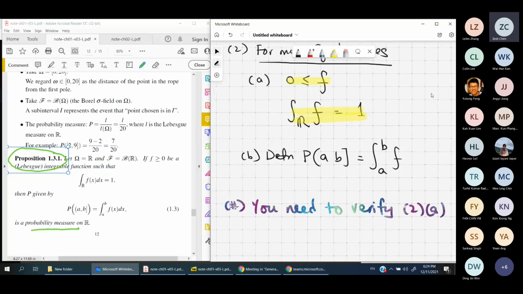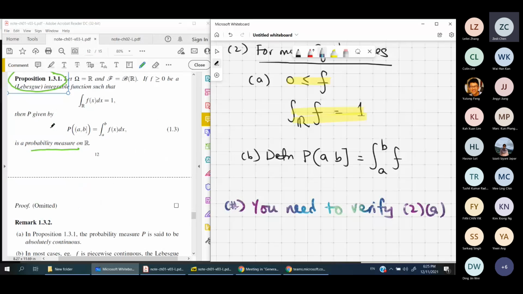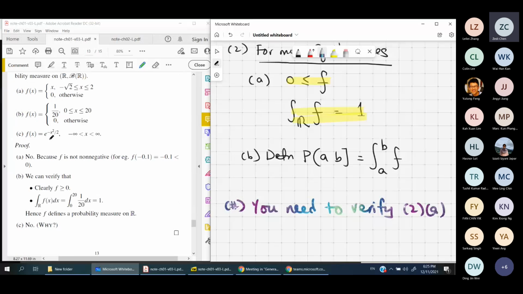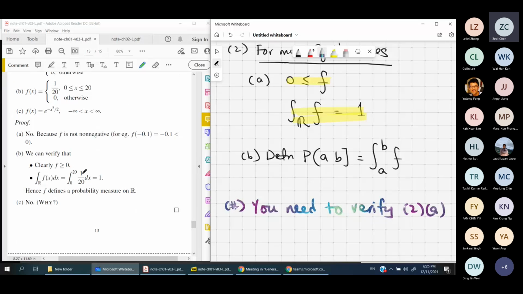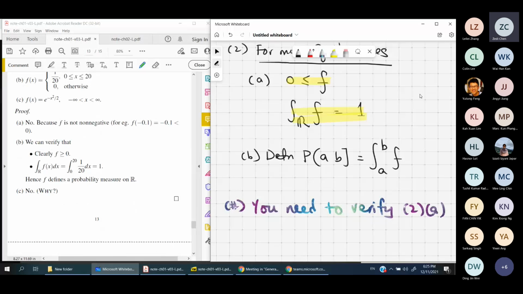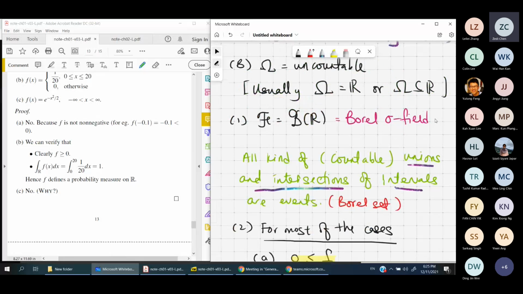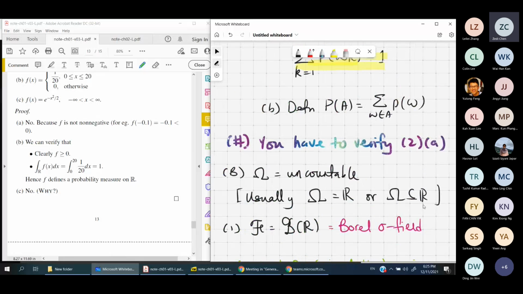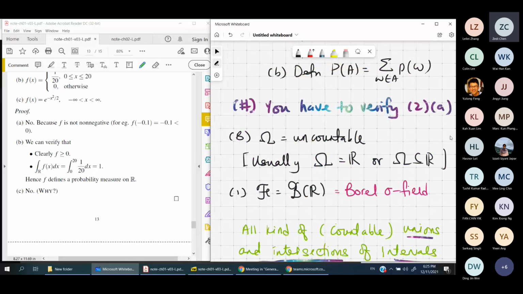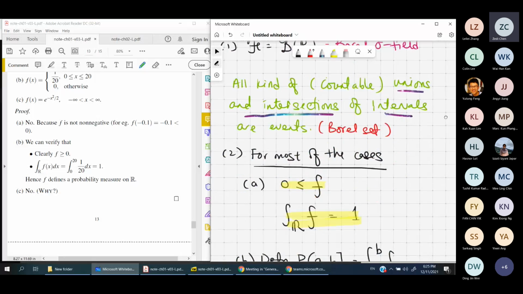You have to ensure the chosen function f is non-negative, and if you integrate this function over R, you get value 1. We have gone through several examples already. These are the very basic things that we have discussed regarding this chapter 1.